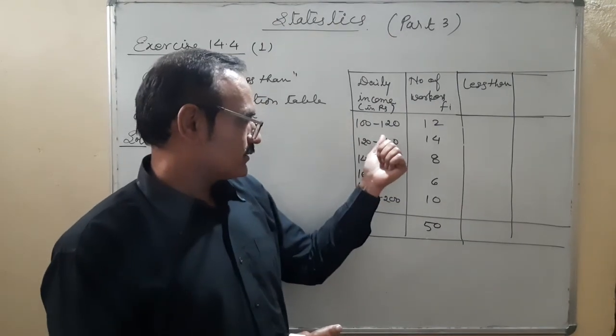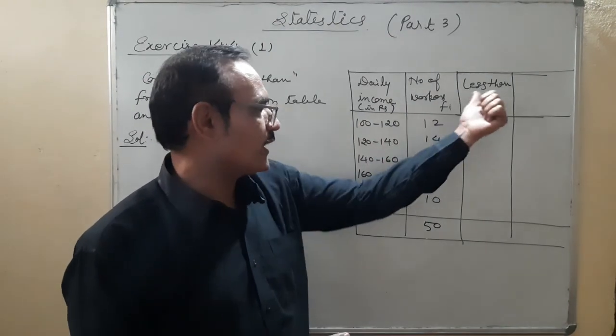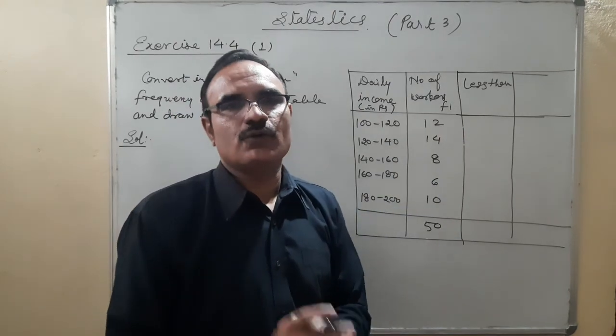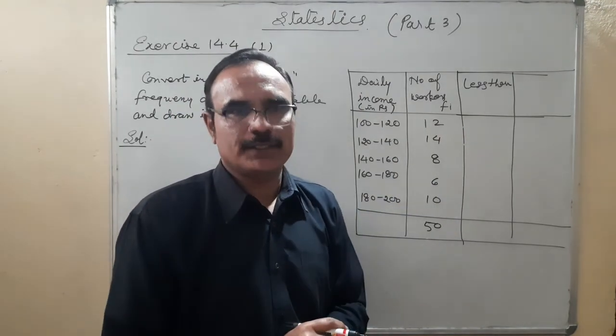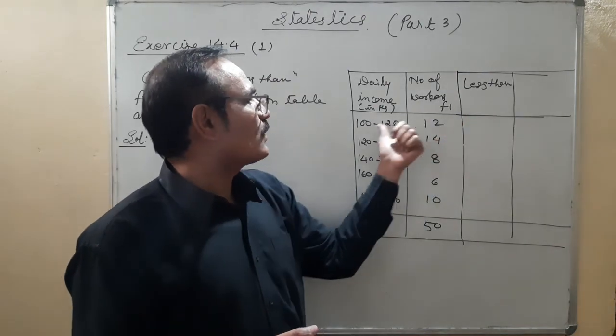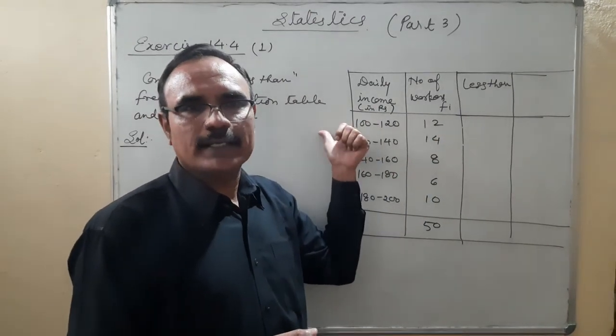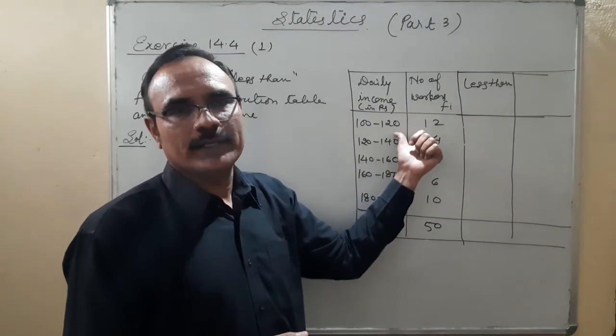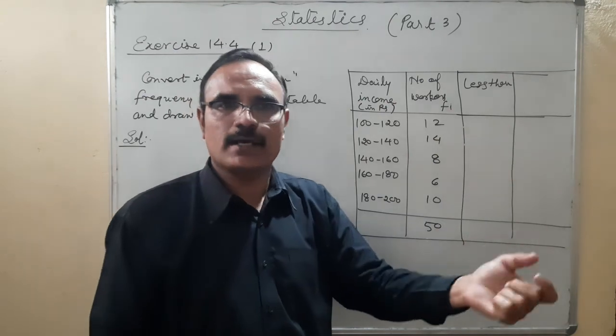If you have a choice to write here less than 100 or less than 120, what will you opt? It's a common sense thing. Less than 100, we don't have any data available here. So we have to put less than 120. That means always we have to select the upper limit.